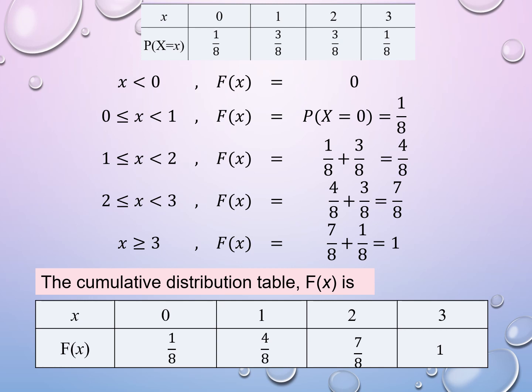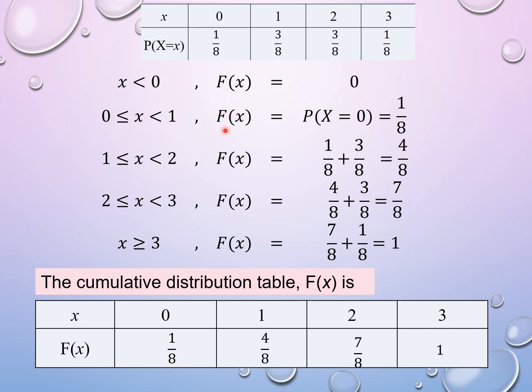This is the probability distribution table given. So we will start with x less than 0. We don't have any x less than 0 over here, so directly we will have the cumulative equal to 0. And then we will start with x greater than or equal to 0, less than 1. This one.